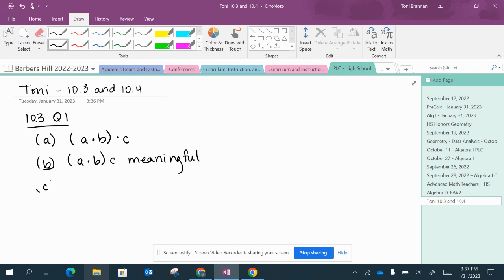Okay. C, you found that the length of A times B dot C was meaningful. And then D, you found that A dot B plus C was meaningful.